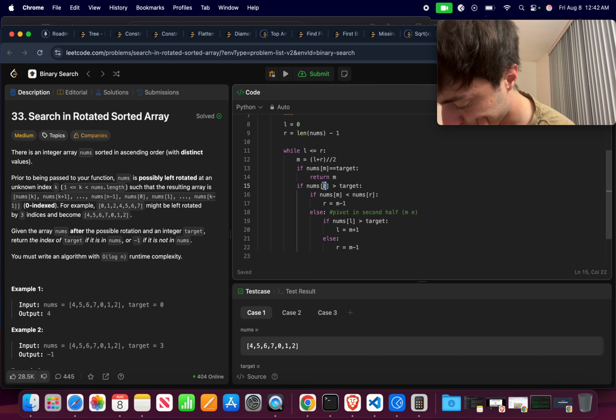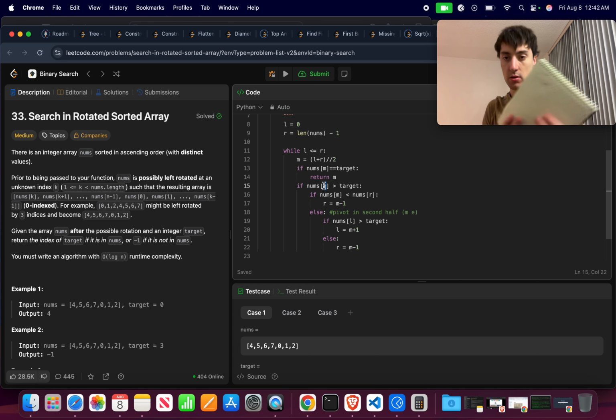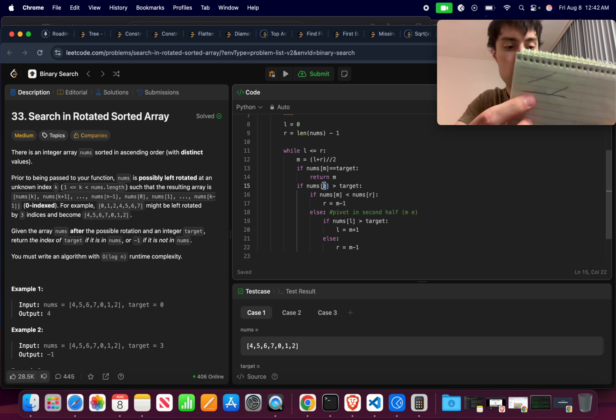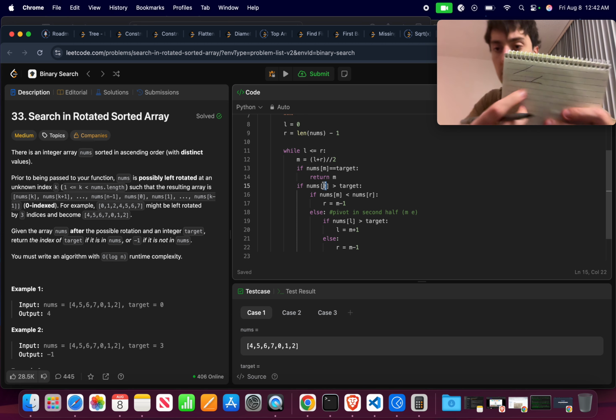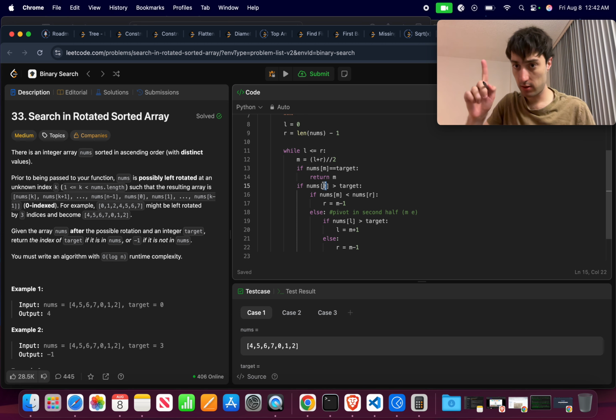And then like that. Okay, so here's my mid right there. Okay. And here's to the end, and that's where the pivot occurs. Right there. Okay.